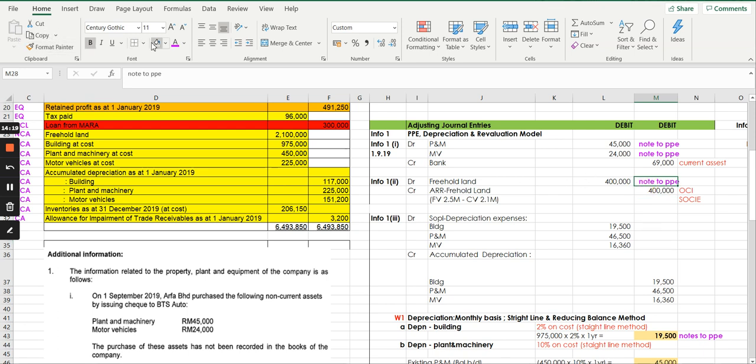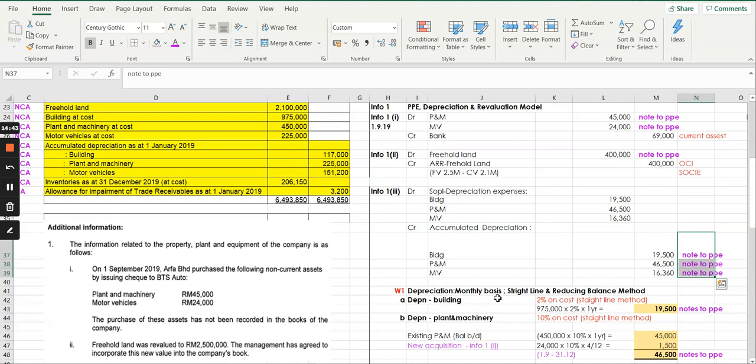Later, I'm going to show it straight away now. These are all to be in the PPE as well, not just in the working. Notes to the PPE refers to the depreciation expense, right? Why do we do so? Because accumulated depreciation was being credited. So let's go to the notes on PPE.